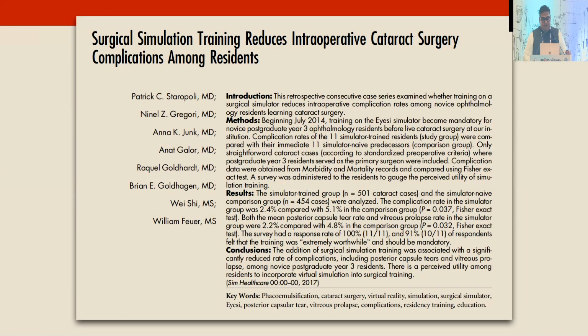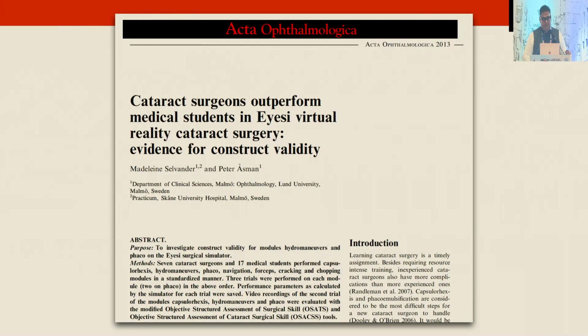Again, this is a paper that assessed the complication rate of surgeries done by trainees who've trained on the simulator versus those who have not, and there was a 50% reduction in posterior capsular rent rates if you've trained on the simulator.